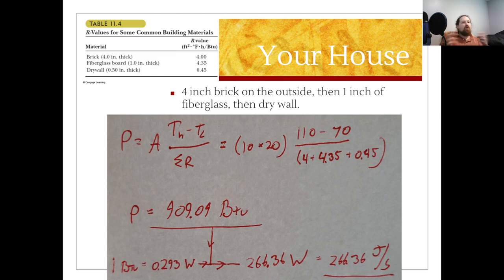Say it's a cold winter day and the energy flow out of your walls is 266 watts. That means every single second your house is losing 266 joules of thermal energy, meaning that to keep the inside of your house from getting colder, the heater would have to make 266 joules of thermal energy every single second in order to keep up with it. And this is the way in which this math is utilized by people in the construction industry.